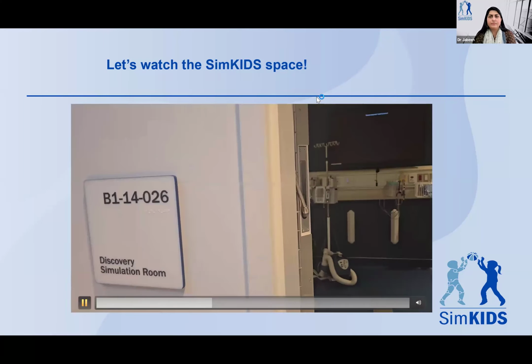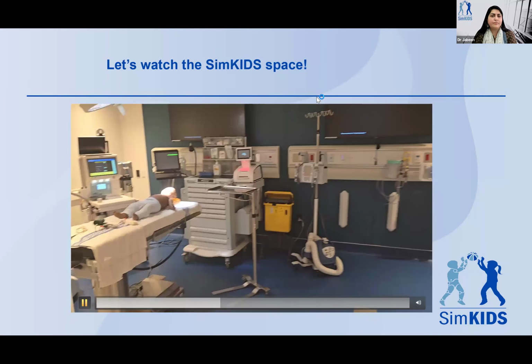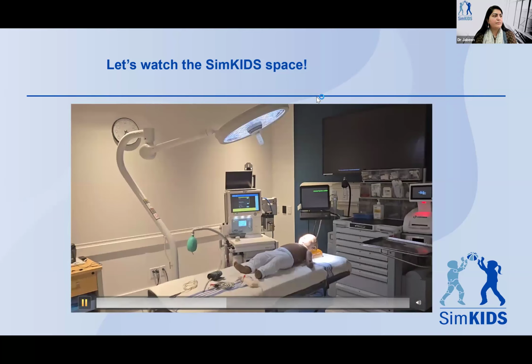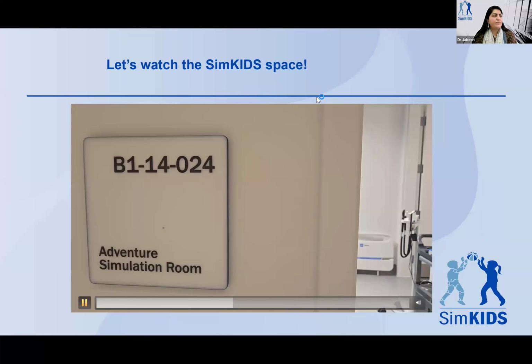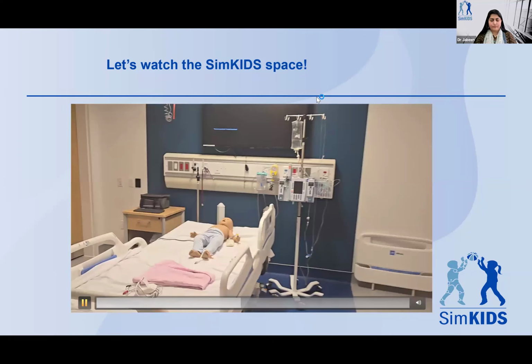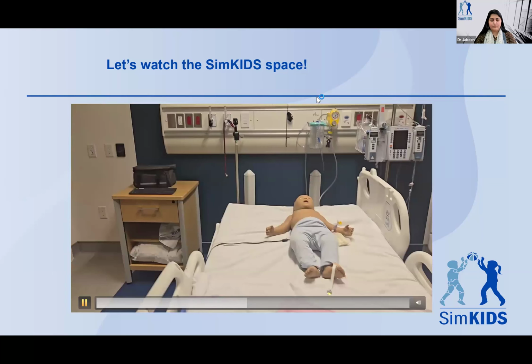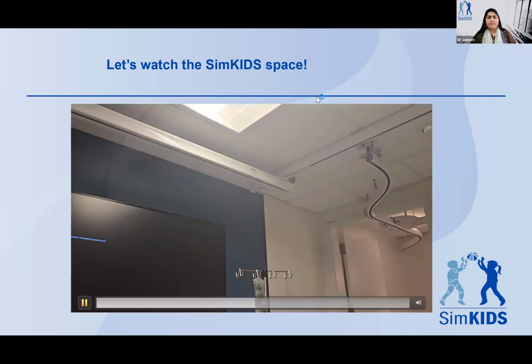There are 4 high-fidelity suites, each with a different key feature. In Discovery, you will find an operating room setup with a functional gas machine for simulating anesthesia administration and monitoring. Our high-fidelity suite Adventure is a single patient room and features a patient chairlift and ensuite washroom. This feature enables the learners to simulate scenarios related to patient transfers and home care environments.